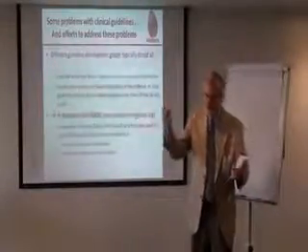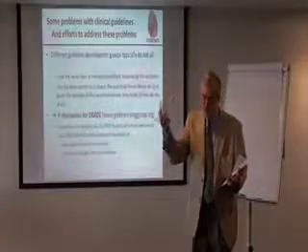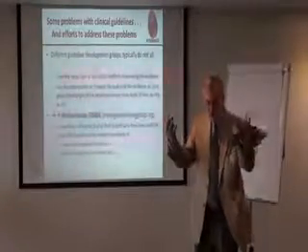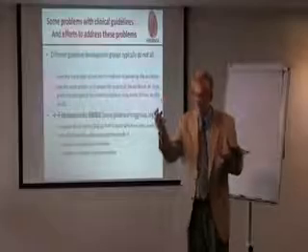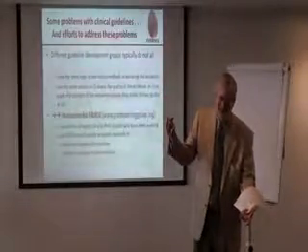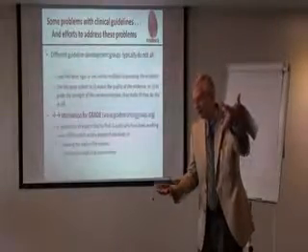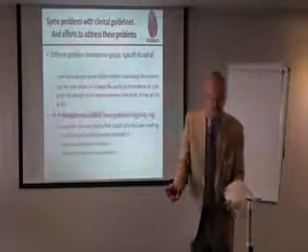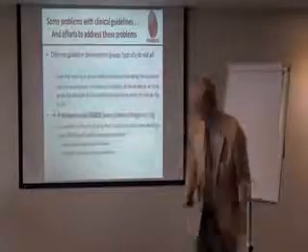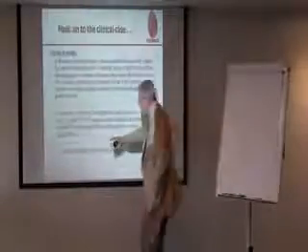You see, there's high quality evidence with strong recommendation, high quality evidence with weak recommendation, poor quality evidence with strong recommendation, and poor quality evidence with weak recommendation. Okay, do you see? So you have to assess both of these.